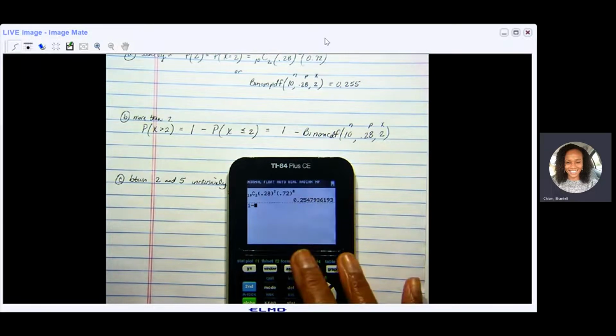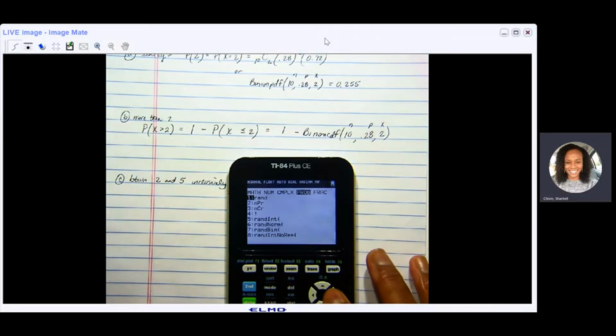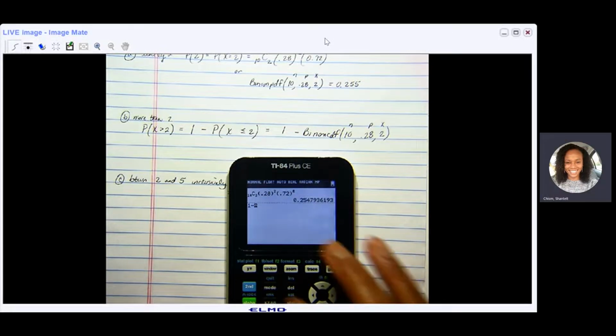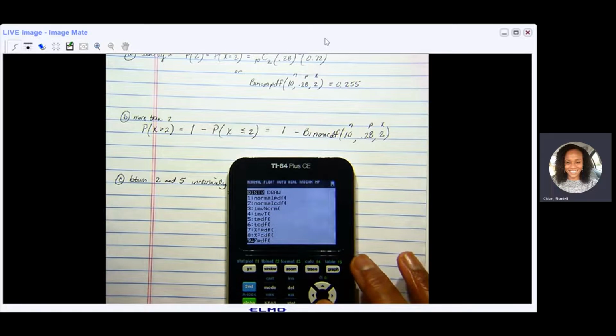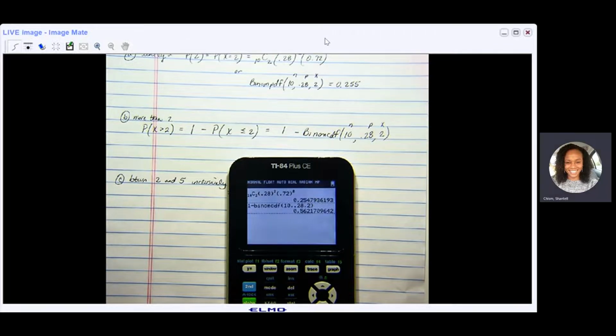So 1 minus, then press second bars and go down to binom CDF. There we go. 10 trials, probability of success is 0.28 and X is 2, hit paste, 0.562.